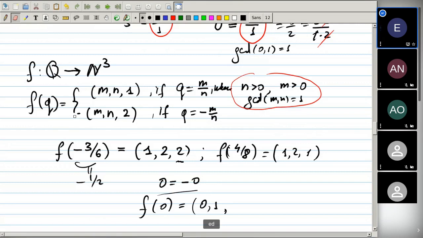Let's think that 0 is positive. Excuse me, 1. Is this idea clear? Yes, that's clear.